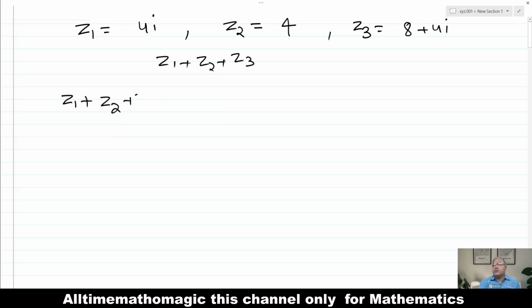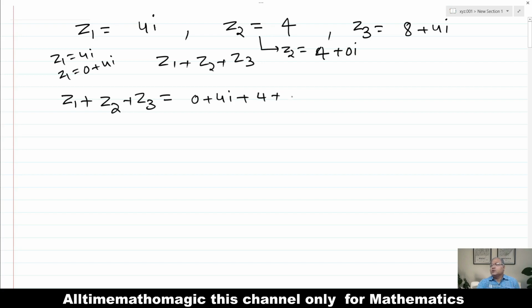Z1 equals 4i, therefore Z1 can be written as 0 plus 4i. Z2 is given as 4 only, where the i part is not there, therefore Z2 can be written as 4 plus 0i. Then the third complex number is 8 plus 4i.